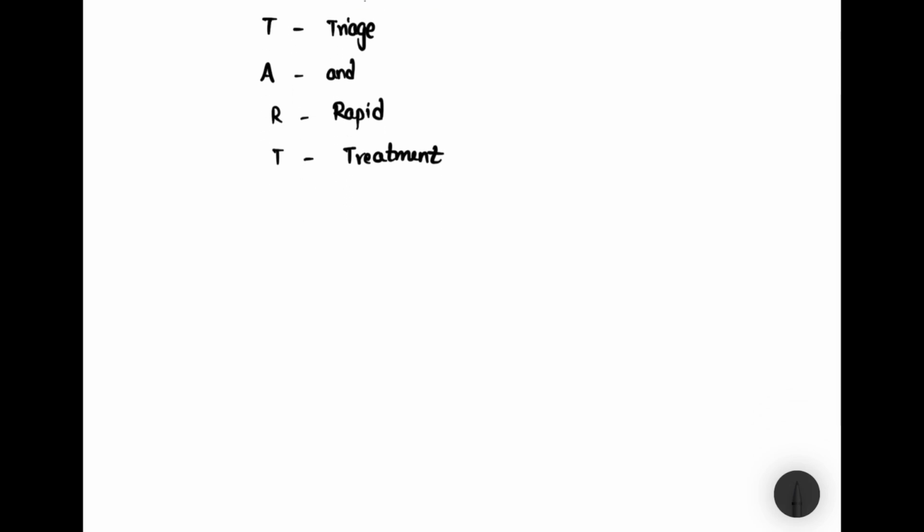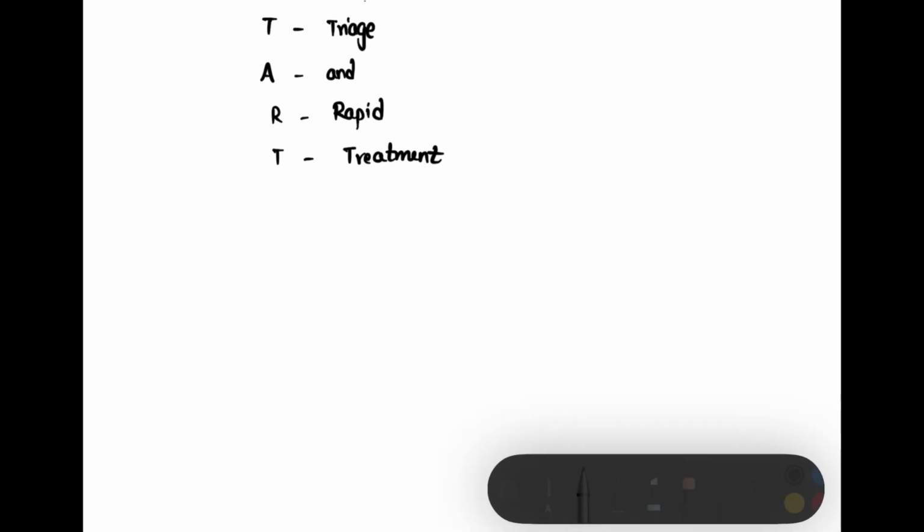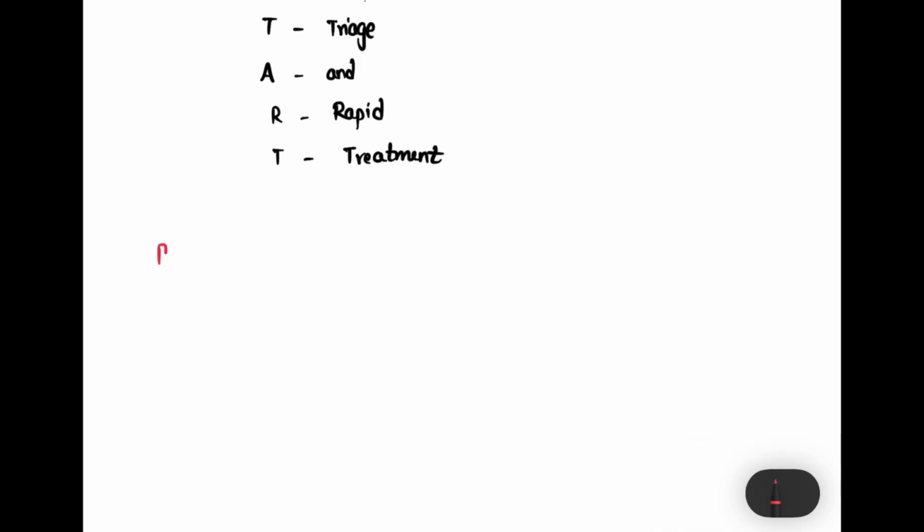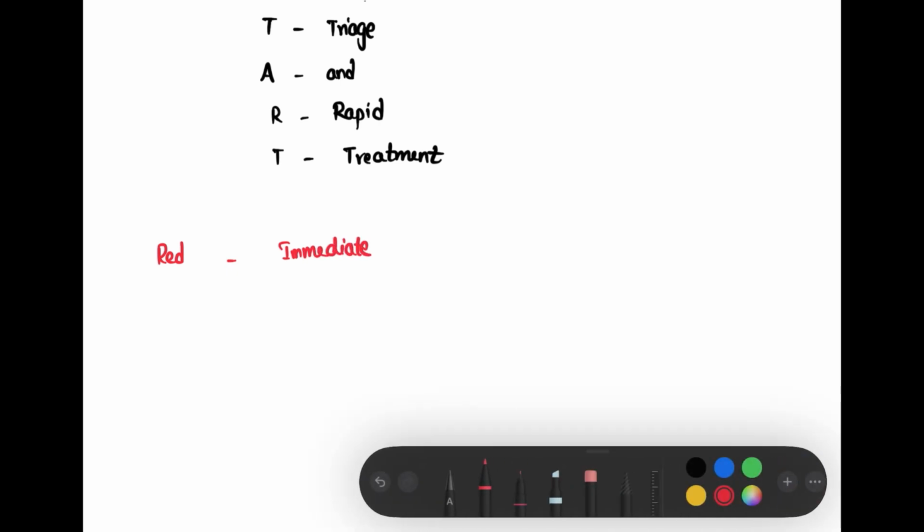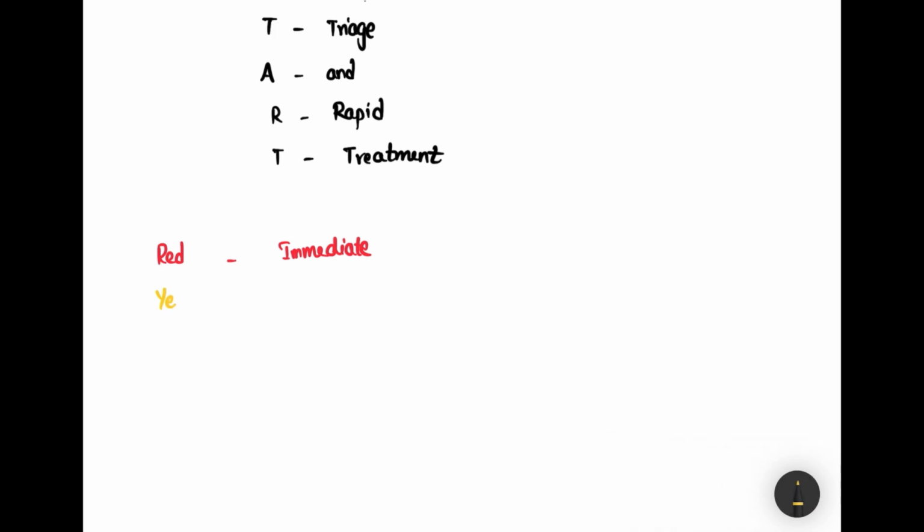So in START triage we have this color coding. What are the colors we use in START triage? So let's begin. We use red, which is immediate. We use yellow.